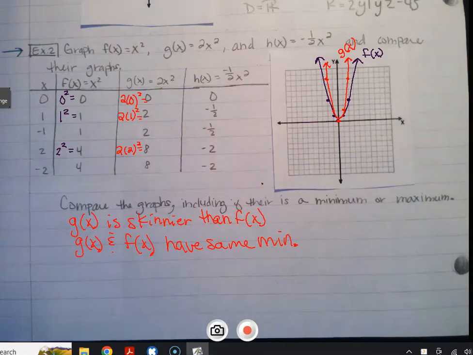So this is what I was talking about, Brandon. I wouldn't necessarily like to pick 1 because if I put 1 in here, I'm going to have -1/2 times 1 squared. Well, 1 squared is 1, so -1/2 times 1 is -1/2. So I'm graphing 1 and -1/2. Wouldn't it be -1/2 and not 1/2?